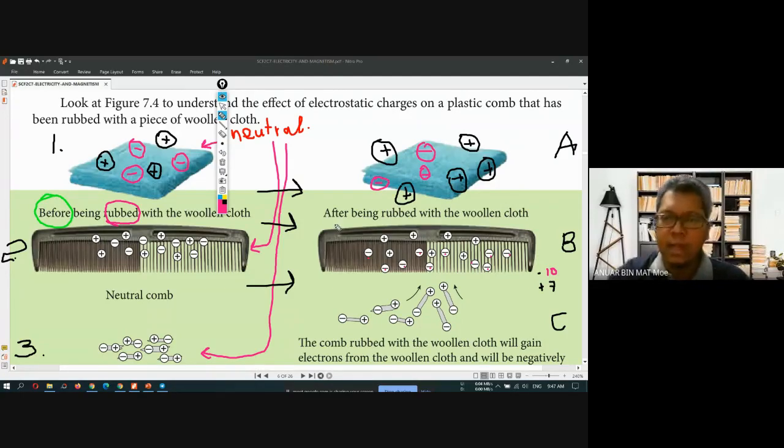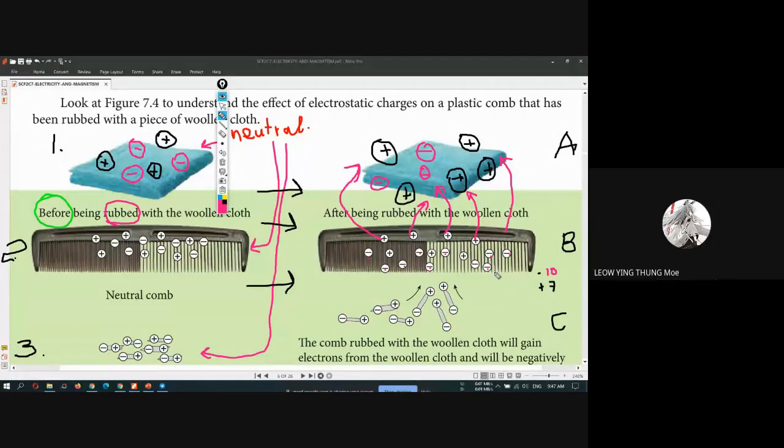Okay. Meaning that when you rub the plastic comb with the woolen cloth, the positive charge will jump to the woolen cloth. So the woolen cloth will be positively charged, and then the plastic comb becomes negatively charged. Woolen cloth becomes what, class?